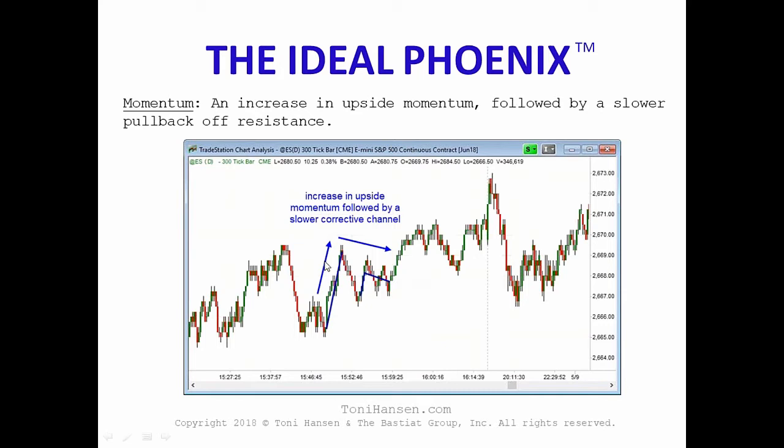Within that correction, it's really important to look at previous price action that took place in a security. Whether you're trading forex or futures, it doesn't really matter what market you're looking at. This is a pattern that can be part of an inverse head and shoulders, it can be part of a cup with handle, or it can be something where you're coming off of a pivot V bottom.